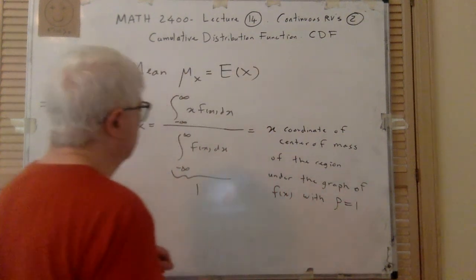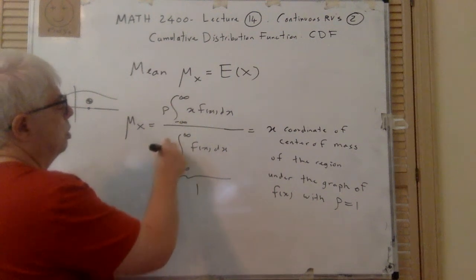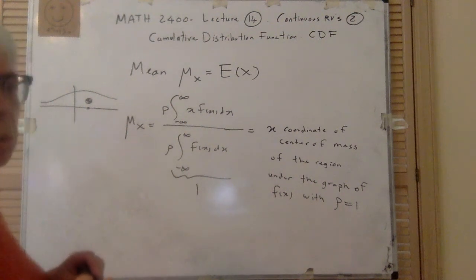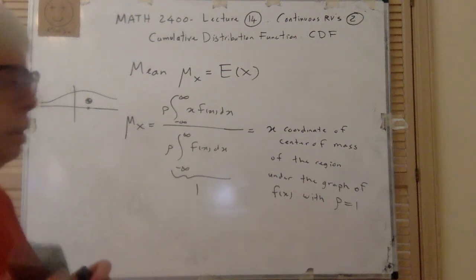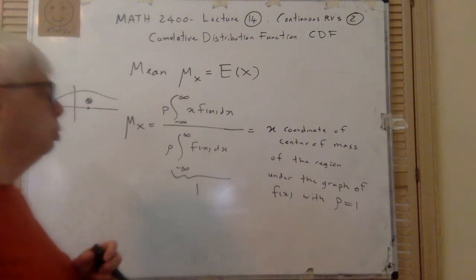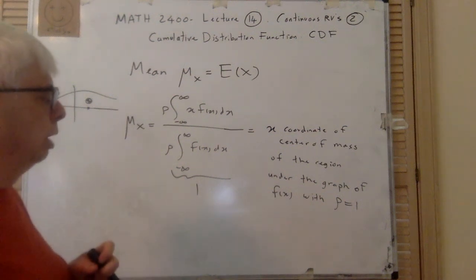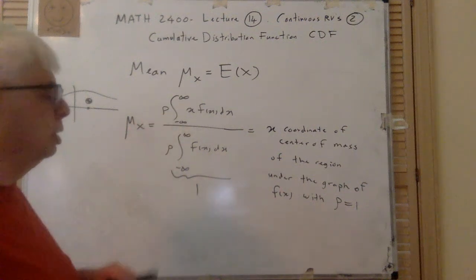And rho was, you have to enter rho into this picture, remember? In fact, the rho cancels out, so I can say rho can be just any constant. But it should be constant. If it's constant, it cancels out.